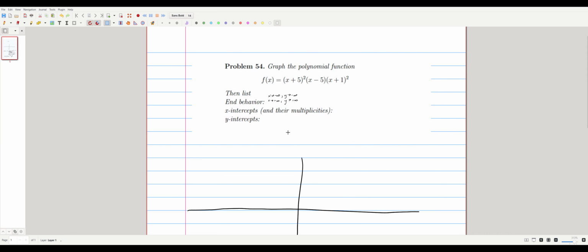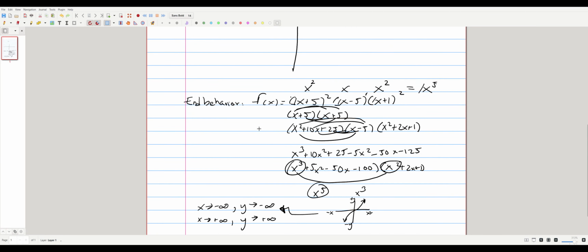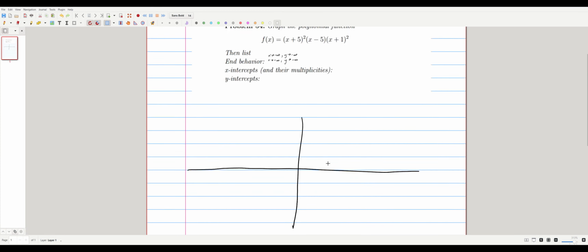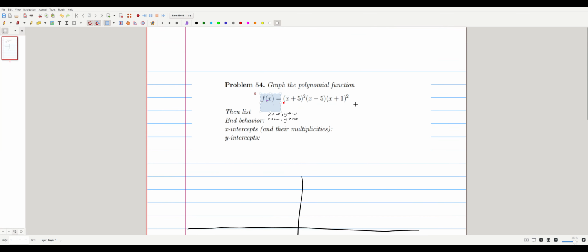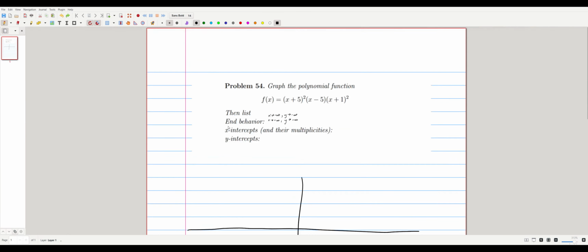Cool. So now we need to find the x-intercepts and their multiplicities. And so to do that, I'm just going to grab the function from here so I don't have to write it again.